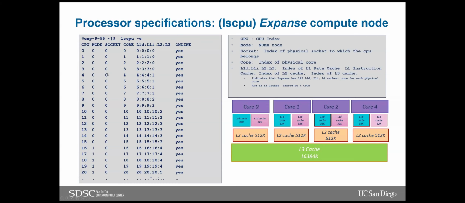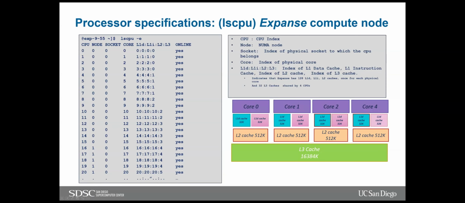Yeah, 16 CPUs associated with it. So you can see CPU 0 to 15 are all associated with NUMA node 0. It has 2 sockets. So 0 through 63 will be associated with socket 0, and the rest will be with socket 1.